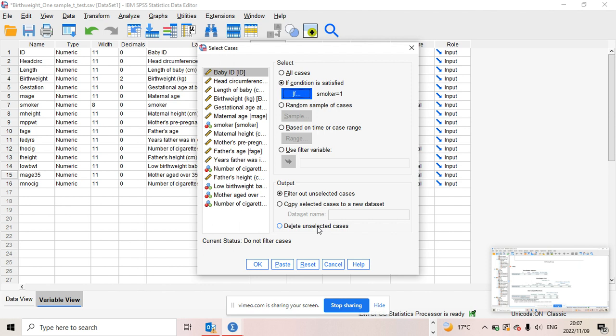We want to create this data set for smoking mothers. So to achieve that, you click on copy selected cases to a new data set. Then we name this data set smoking_mothers.